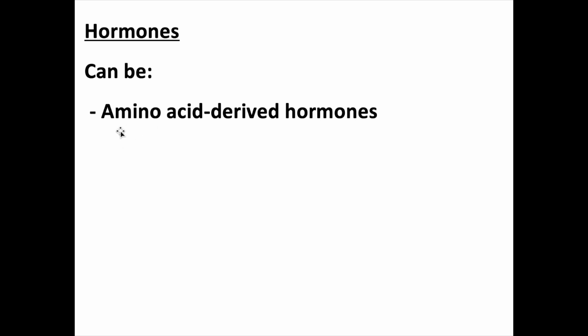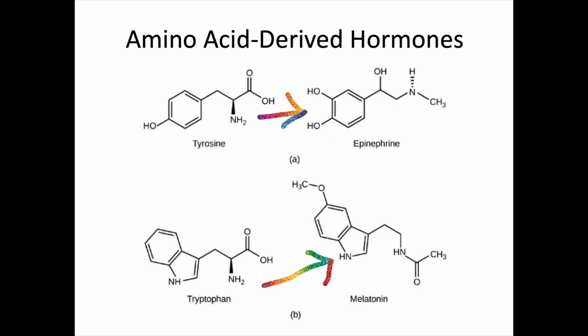Also, hormones can be what are called amino acid-derived hormones. As the name implies, these are structurally derived from amino acids. So remember, amino acids are the building blocks of proteins. We got 20 of these. Not all of them are used to build hormones, but some of them, like tyrosine, are used to build things like epinephrine, or tryptophan being used to build melatonin.